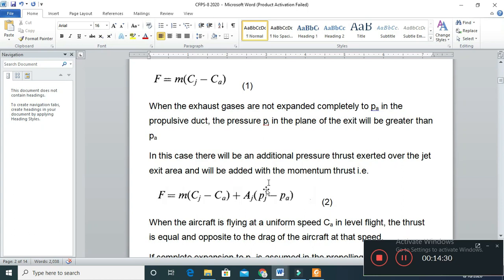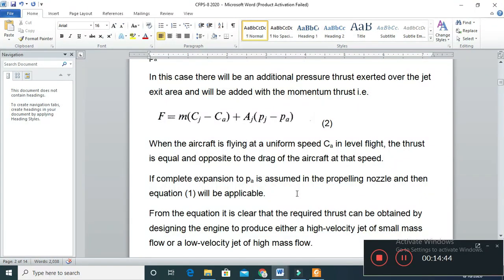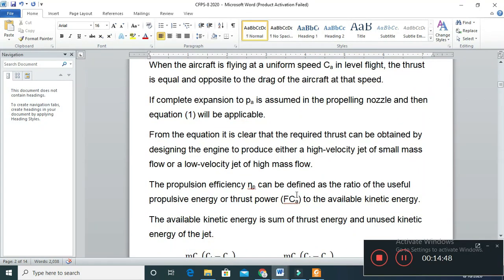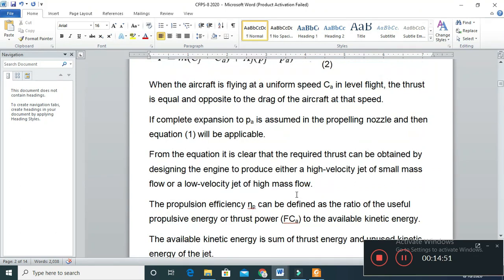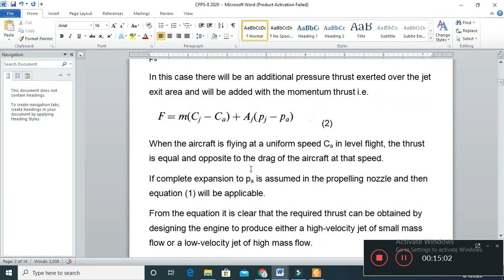Pressure thrust only occurs when the fluid is not expanded to pressure Pa. If the fluid is not fully expanded, then it will result in pressure thrust. Now we assume that the pressure thrust is negligible when compared to the momentum thrust. In this case, we can have several useful relations.